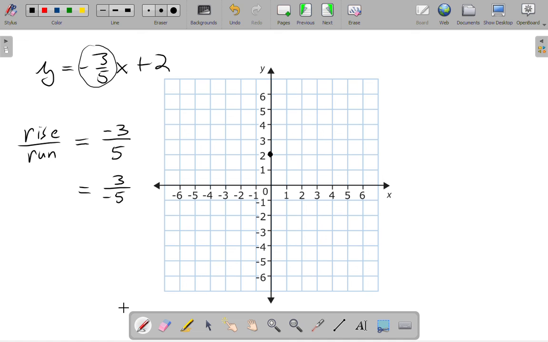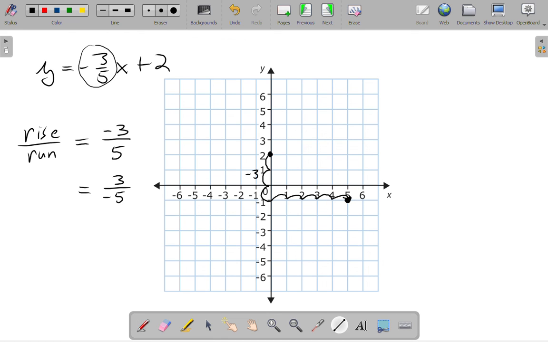Because if we're thinking of it as rise over run, when I see a negative 3, rising is going up, but negative is the opposite direction. So negative 3 means I need to go down 3. So I go down 3 because it's a negative 3. My run is 5, so I still go right. 1, 2, 3, 4, 5. That is the next point on my line.